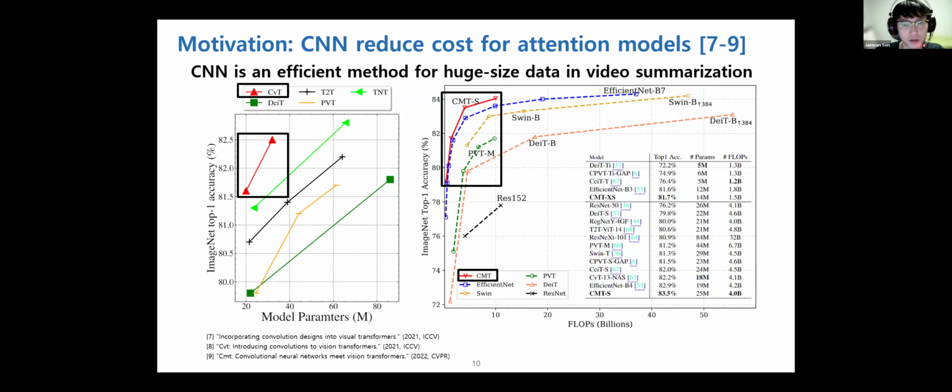The graph on the right shows another CNN-based ViT demanding less computation and also performing better. Based on these studies, we try to improve efficiency by using CNN because the data size is large in video summarization.